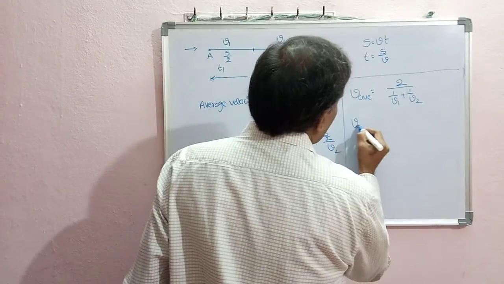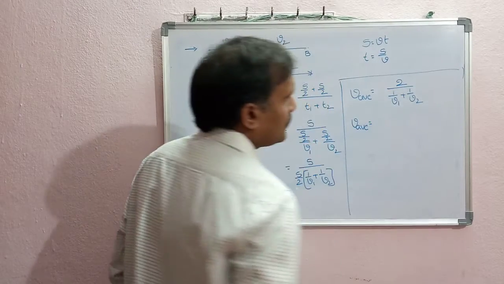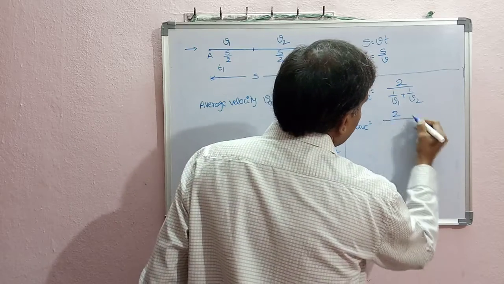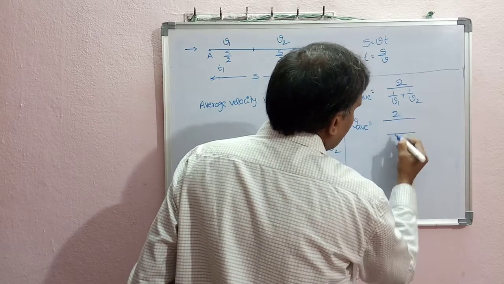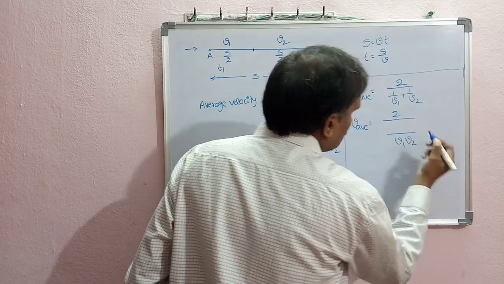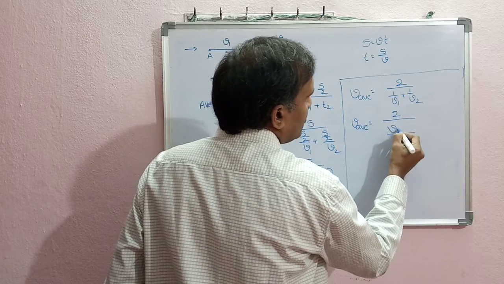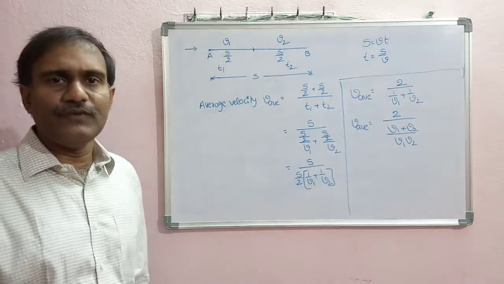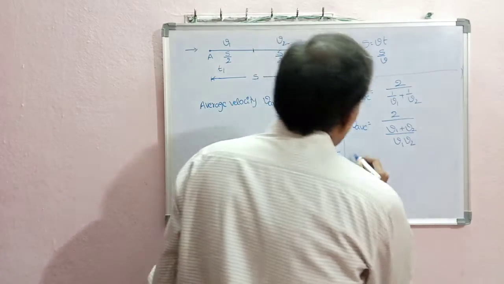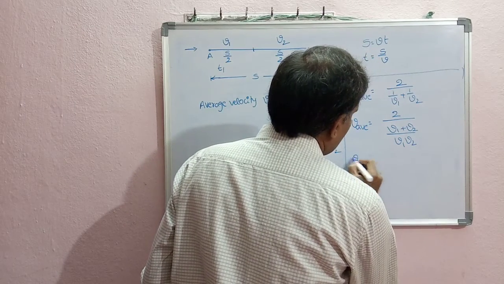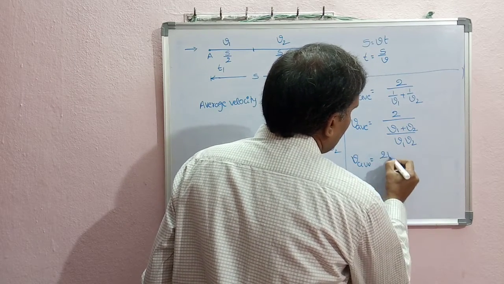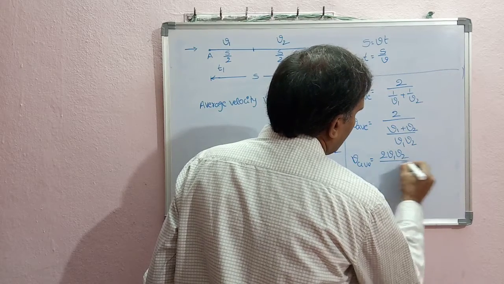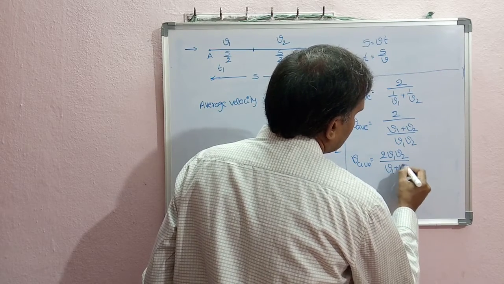Or V average is equal to 2 divided by, taking the LCM, V1 V2 in the denominator and V2 plus V1 in the numerator, nothing but V1 plus V2. Or V average is equal to 2V1 V2 divided by V1 plus V2.